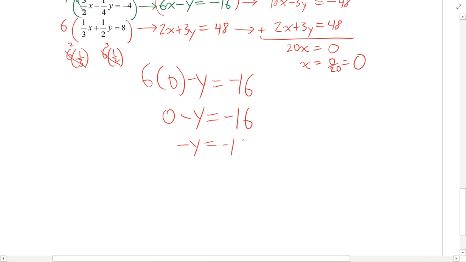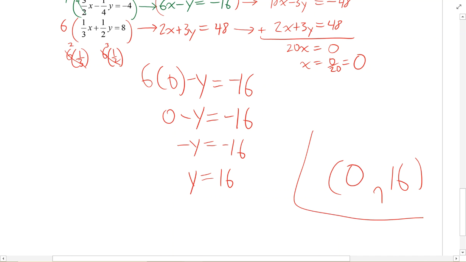Do we want to know what negative y is? No, we want to know what positive y is. So what's the solution? 0, comma, positive 16. And put it in a square. Okay.